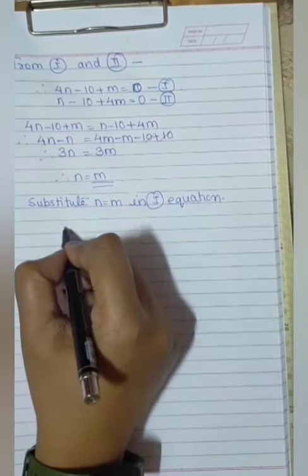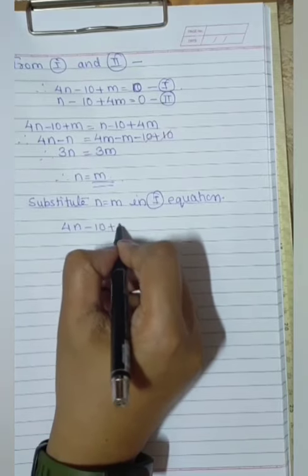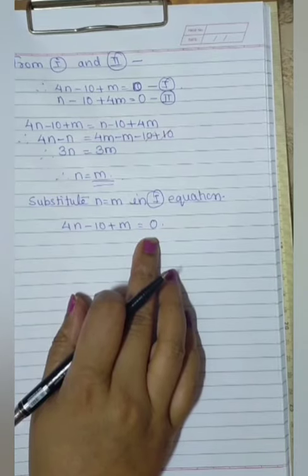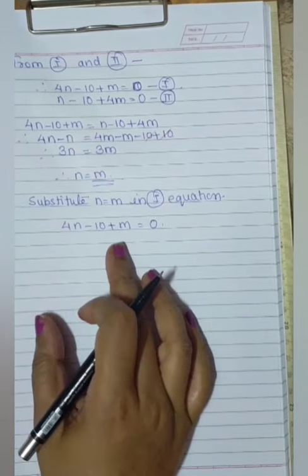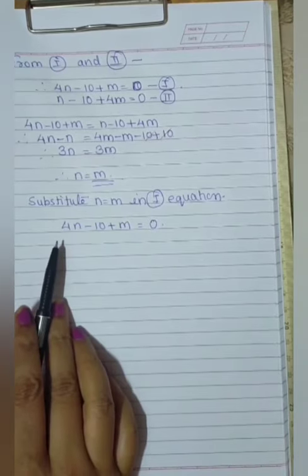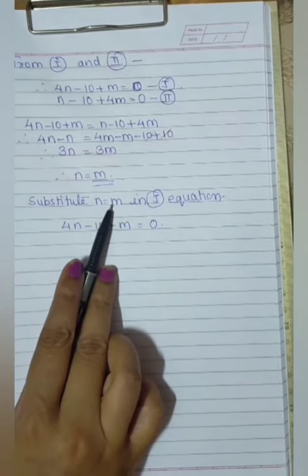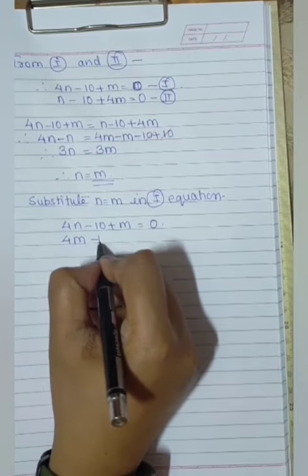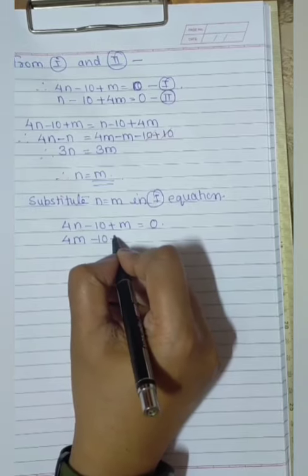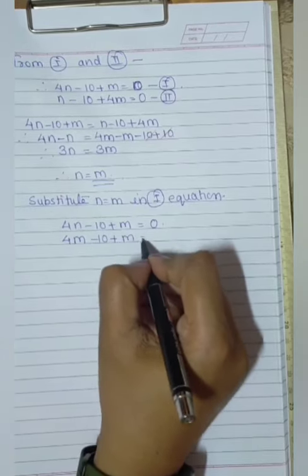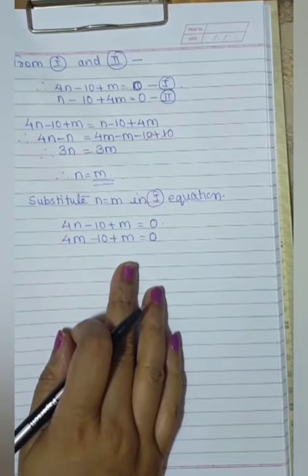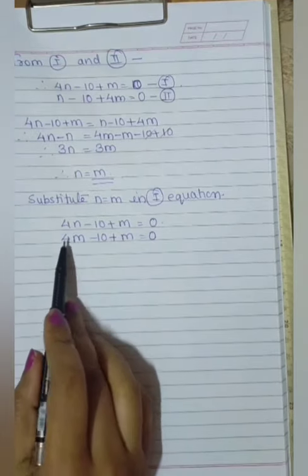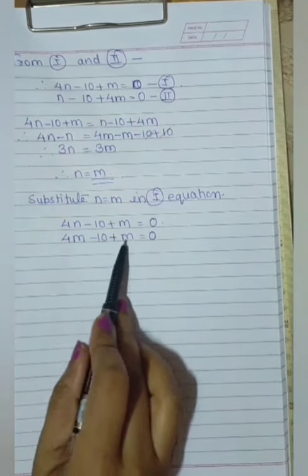So I am writing 4n minus 10 plus m equal to 0. This is our first equation. Okay, now here as you can see, n is equal to m is given. So I am writing here 4m minus 10 plus m is equal to 0. Okay, now here this is positive and this is positive, these both are positive.